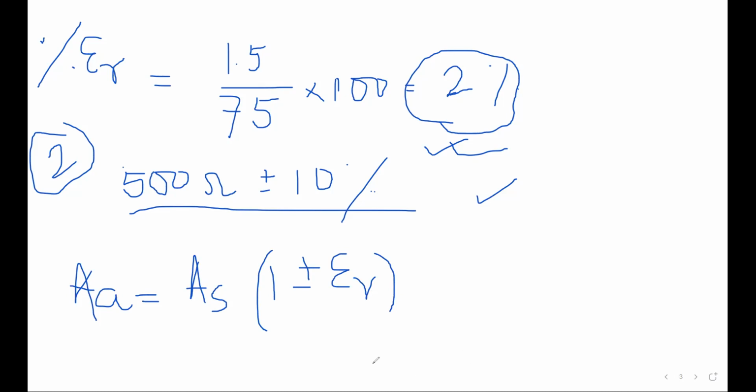So AS is given 500. Okay, clear? And my plus minus epsilon will be 10 divided by 100. How much? 0.01. Sorry, 0.1.